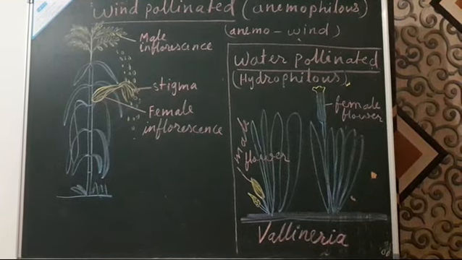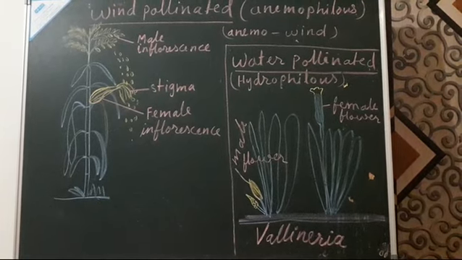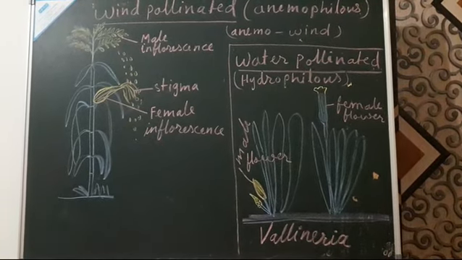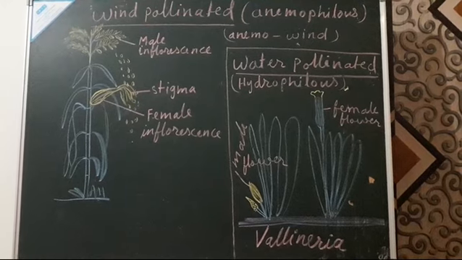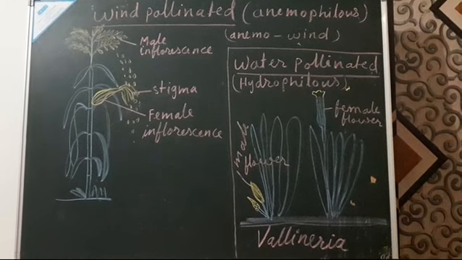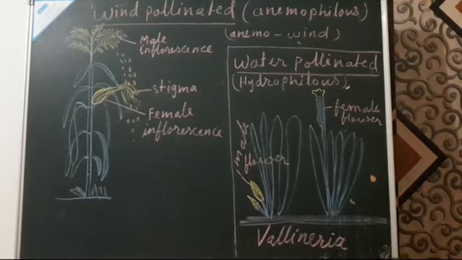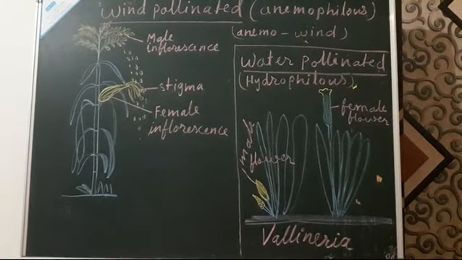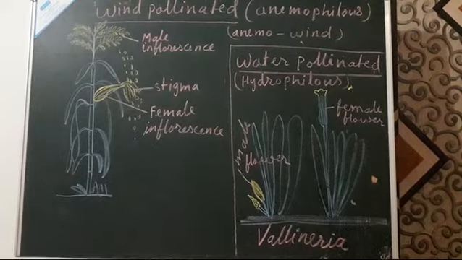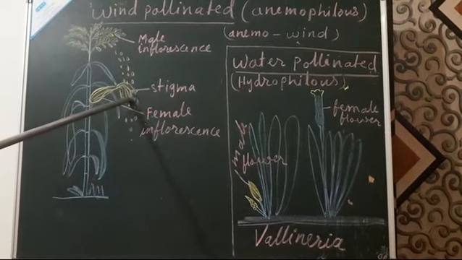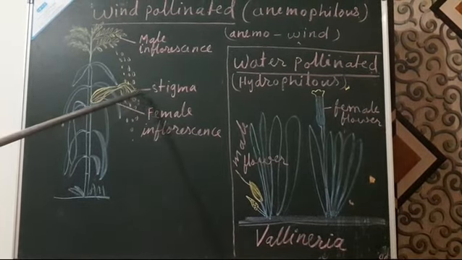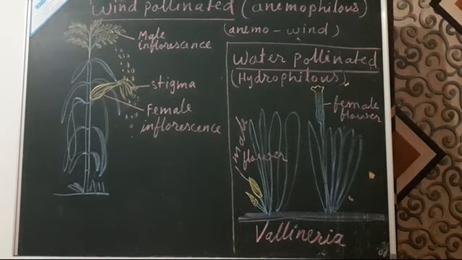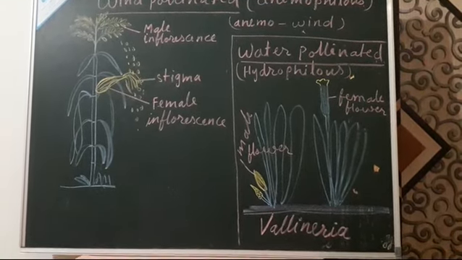Pollen is produced in very large quantities. Pollen grains are light, dry and smooth so that they can be easily carried away by wind. The stigmas are feathery and hang out of the flower to trap the pollen grain, as I have shown here. So fertilization takes place here.